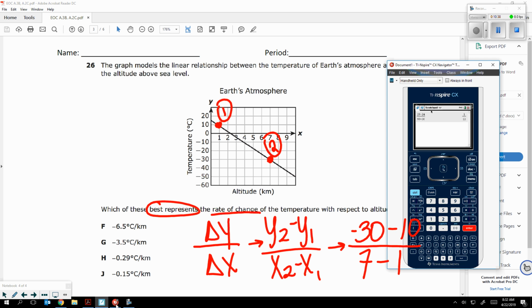I'm moving my diagram to see if it squares and gives me something close. So again, control divide gives me a fraction. I'm typing exactly as I have. So negative 30 minus 10 over 7 minus 1.